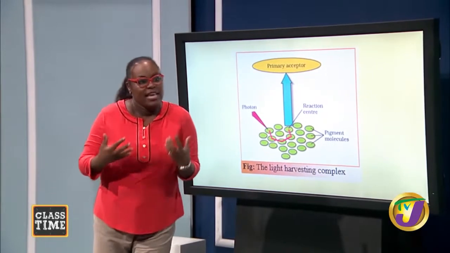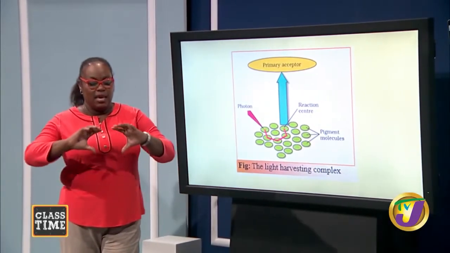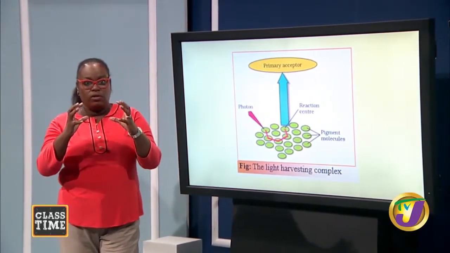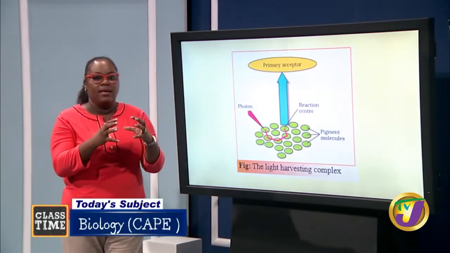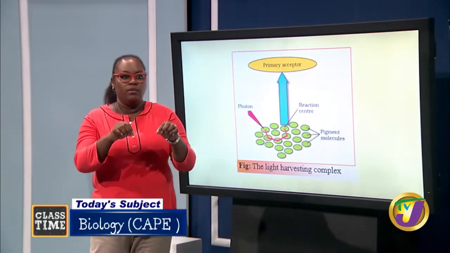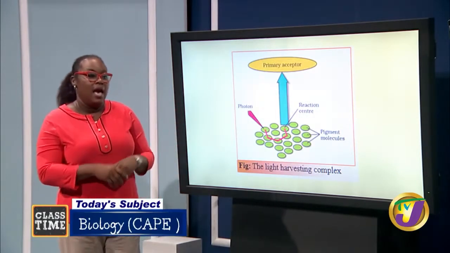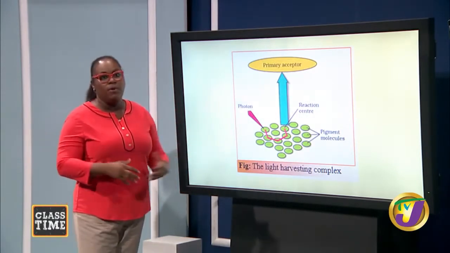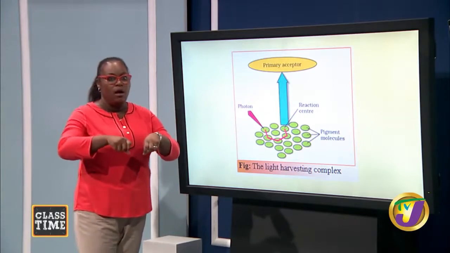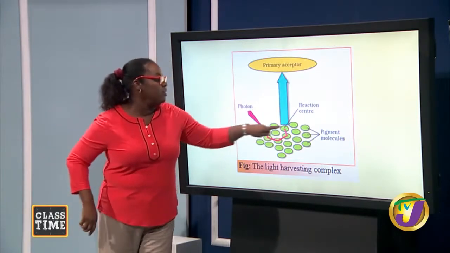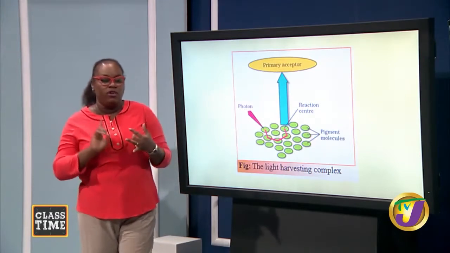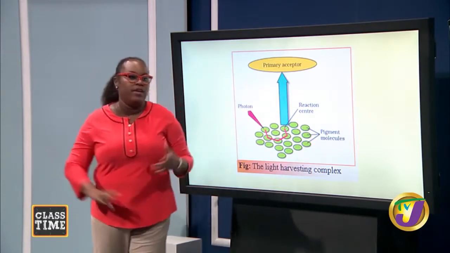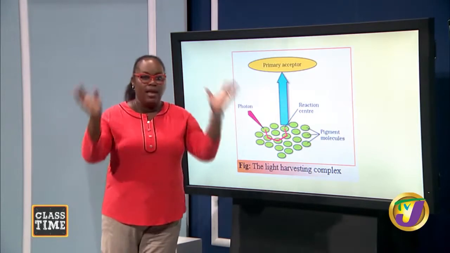Now, what exactly it is, a large protein molecule, and you should be familiar with the fact that proteins are always embedded into membranes in cells, and this is one such protein, a protein complex, and within the protein complex, you have all of these pigments, the xanthophylls I mentioned earlier, carotenoids, chlorophyll A, chlorophyll B, and the like.